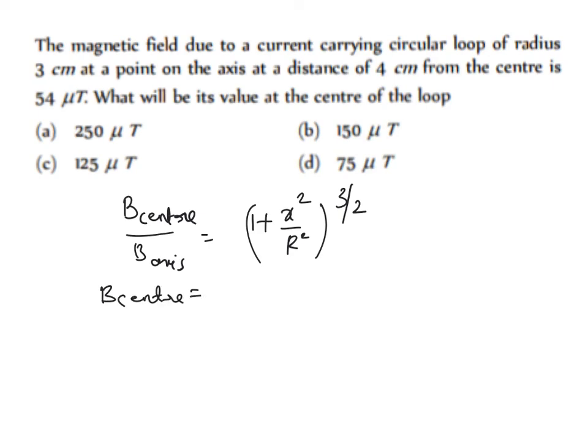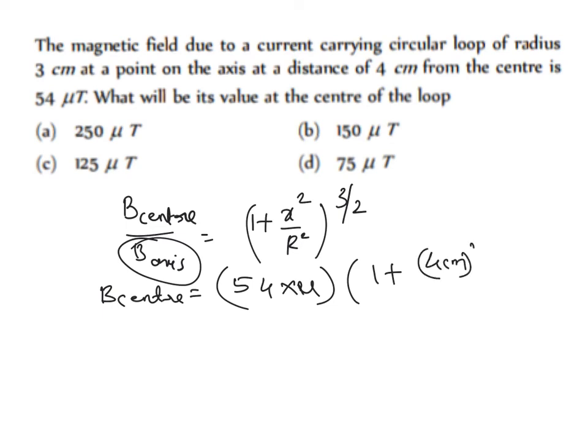The magnetic field along the axis is 54 microtesla, into 1 plus x square, where x is the distance along the axis, that is 4 centimeter square divided by 3 centimeter square, whole to the power of 3 by 2.